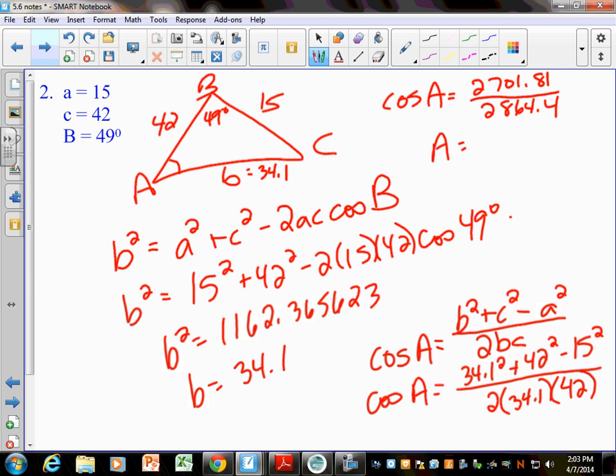I get A to equal 19.4 degrees. For some reason my calculator is using 700. Something must have gone wrong. Check it all at one time. That's the top number, that's right.